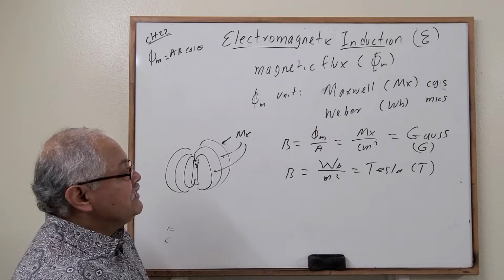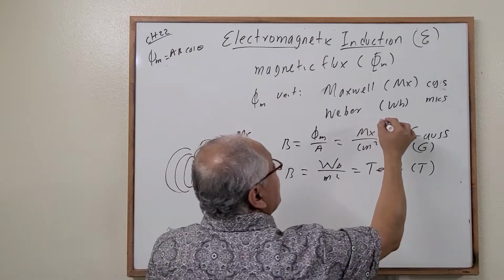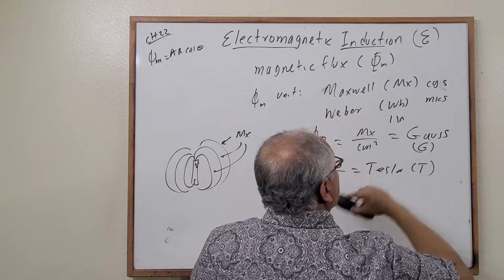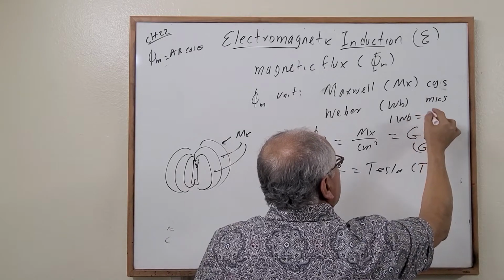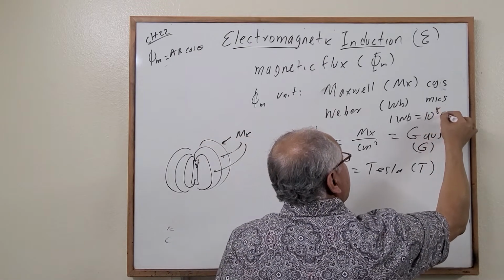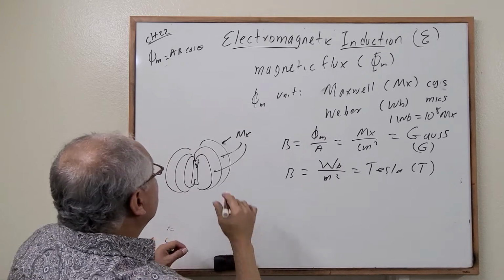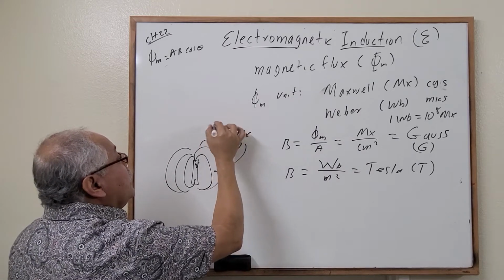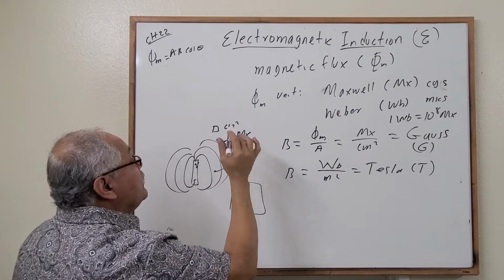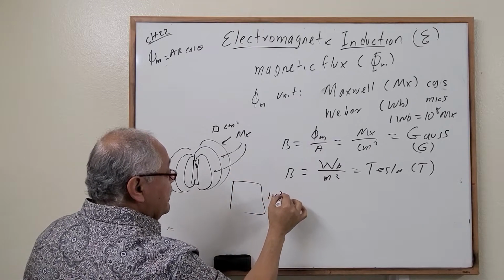Correct. For example, it's found that one Weber is equal to 10 to the 8 Maxwells. Remember, if we have one square centimeter, how many square centimeters do we have in 1 square meter?